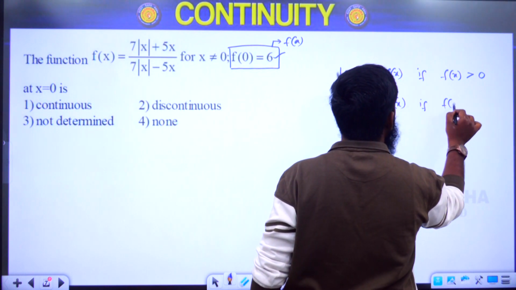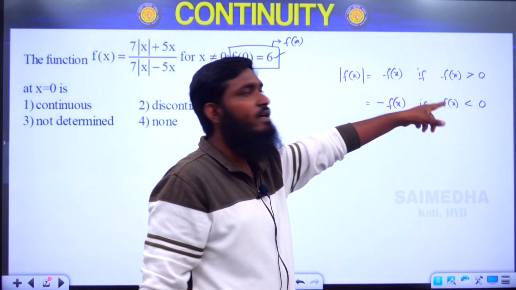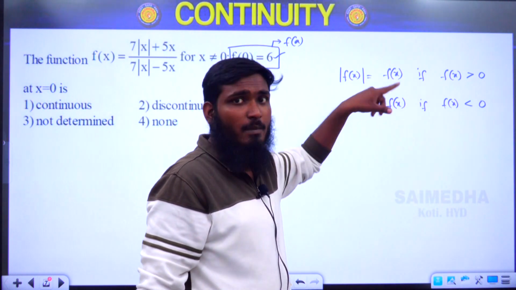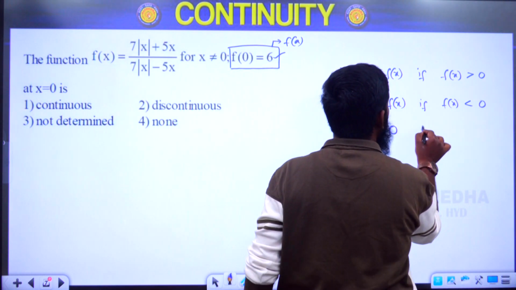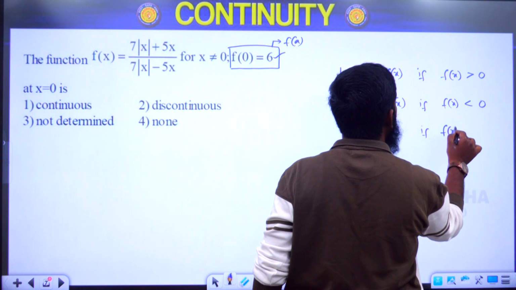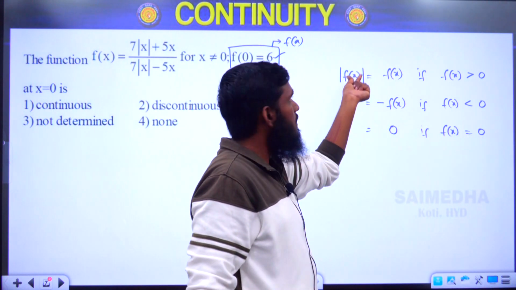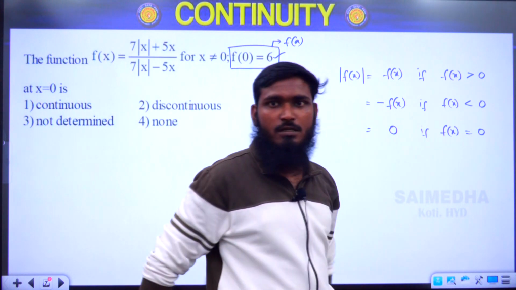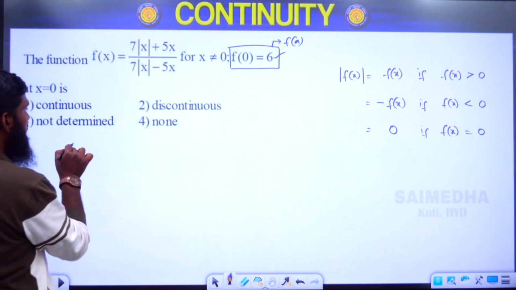If f of x value is less than 0, whenever this complete function value is less than 0, then we have to take it as minus f of x. And the third condition is 0, if f of x value is equals to 0. Then mod 0 is equals to 0. Understood? Now by using these conditions we have to find out the LHL value and RHL value.